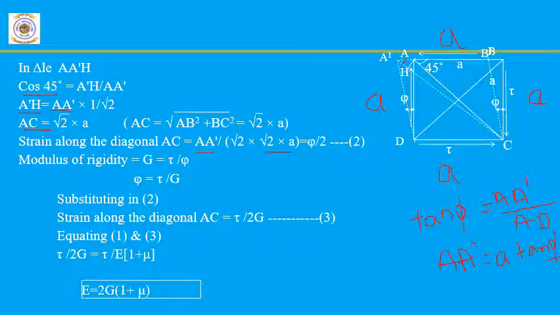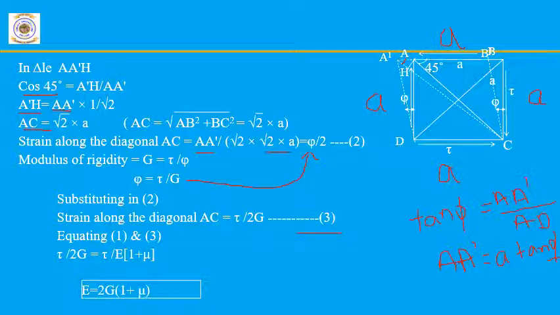From modulus of rigidity we know capital G is equal to shear stress divided by shear strain. So therefore shear strain can be written as phi is equal to tau divided by G. So substitute this in equation number 2. So it becomes tau into 2 times of G. Call this one as equation number 3.